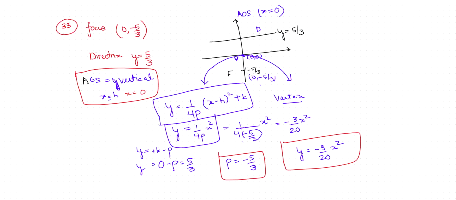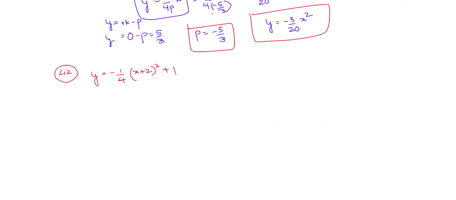So the next question we can do is when the equation is given, and let's find the focus and directrix. So let me write the question. This is the question given to us, and we can see that the equation given to us matches when there is a vertical axis of symmetry.